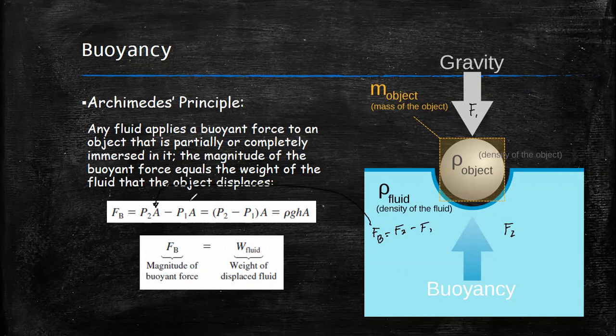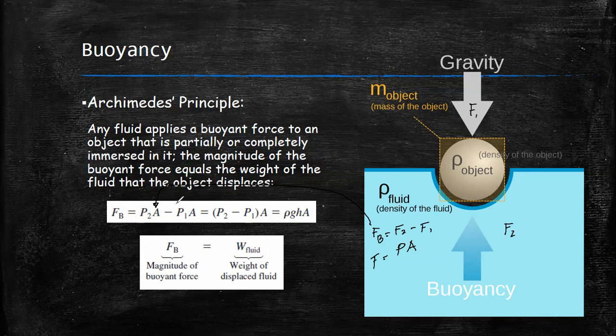According to pressure, force is equal to the product of pressure and area. That's why we arrive here with pressure 2 times the area minus pressure 1 times the area. This area considered is the surface area of the object that has contact with the fluid.